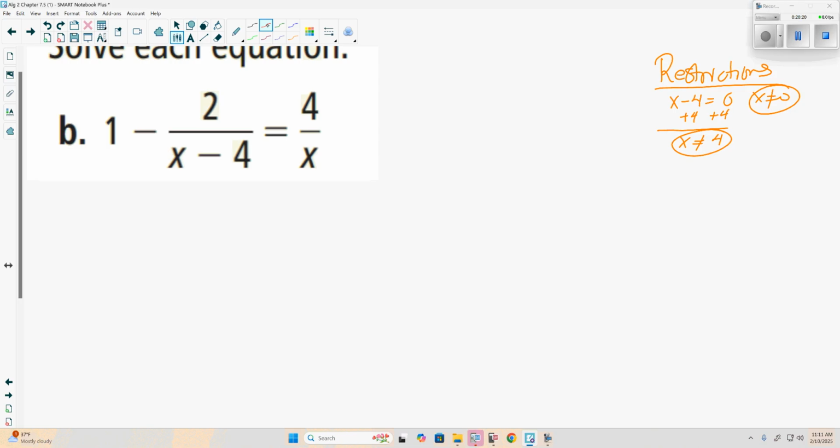So our two denominators are x and x minus 4, which means we are going to have to multiply through by x for sure, because multiplying through by x will cause this one denominator here to cancel out.